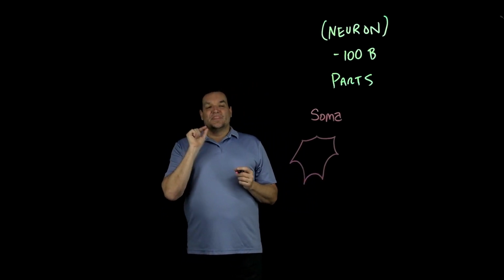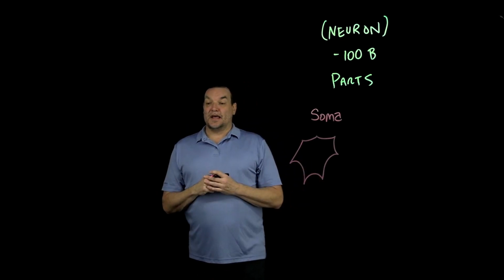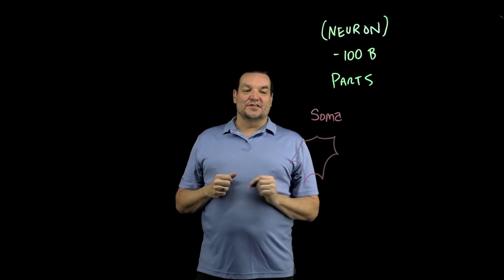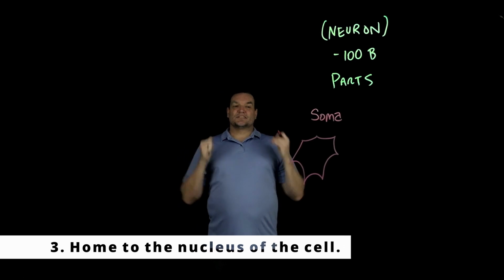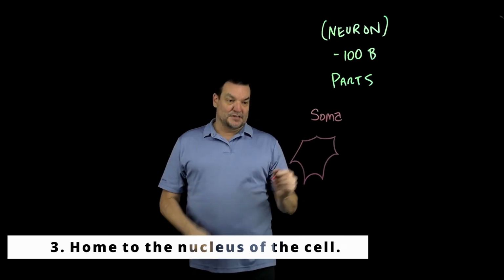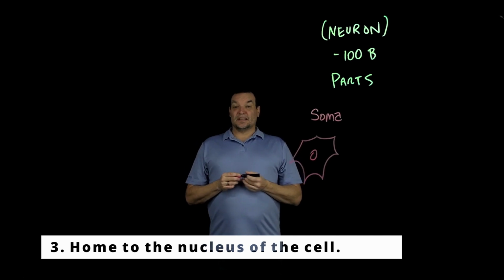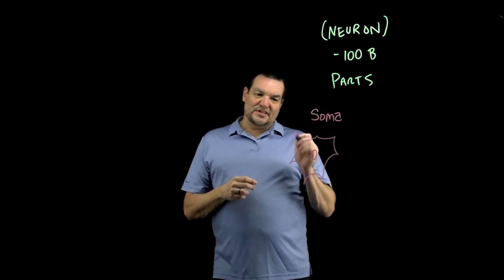Well, this is exactly where these chemicals, this pharmacy inside your head, are built, inside the soma. And a third thing I want you to know about the soma is that the soma is home to the nucleus. That's right, like every cell, at least every eukaryotic cell, like humans.